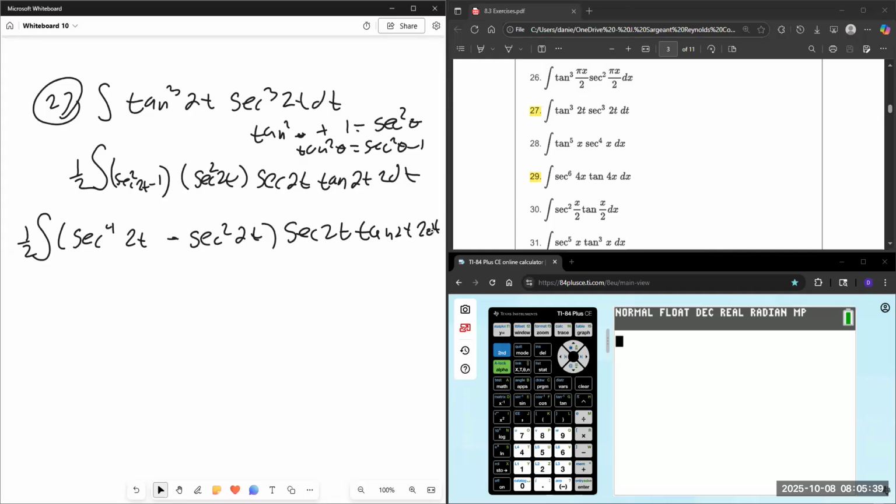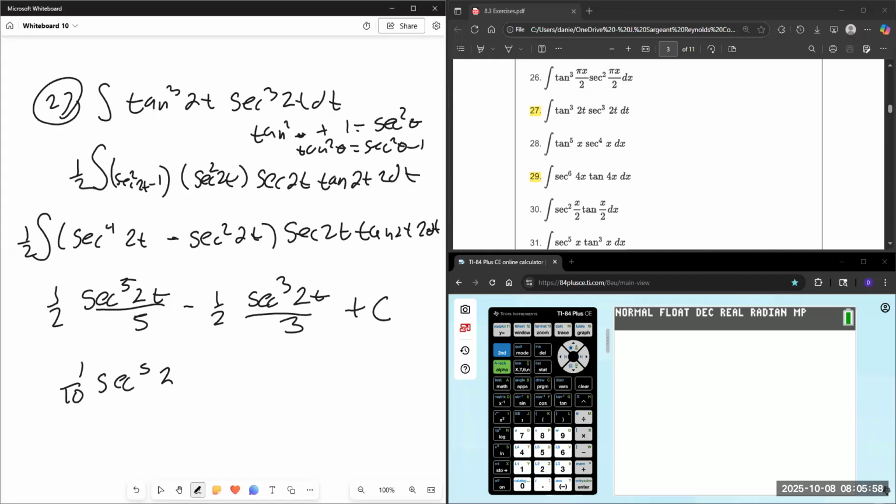So that will be 1/2 of secant to the 5th 2t over 5 minus 1/2 of secant to the 3rd 2t over 3 plus c, which is 1/10 secant to the 5th 2t minus 1/6 secant to the 3rd 2t plus c, where my u was secant 2t and my du was secant 2t tangent 2t dt.